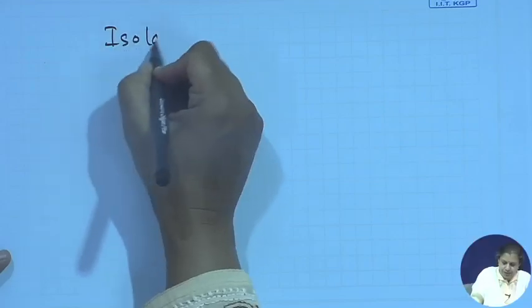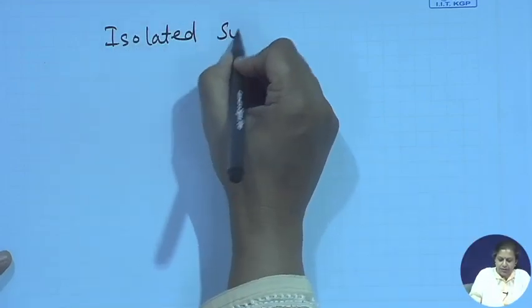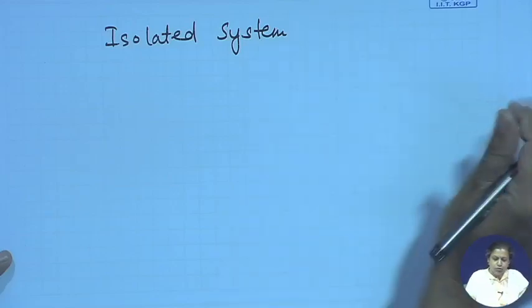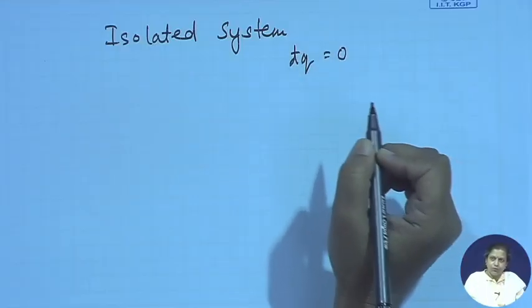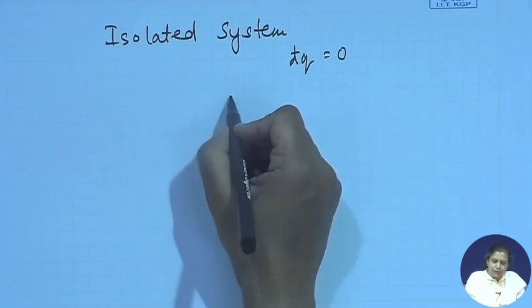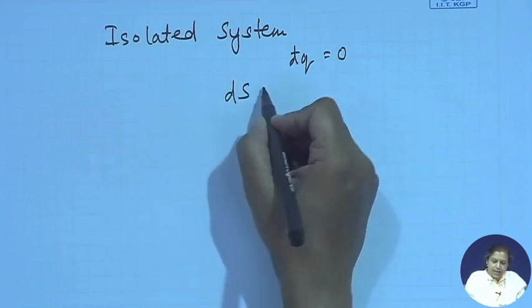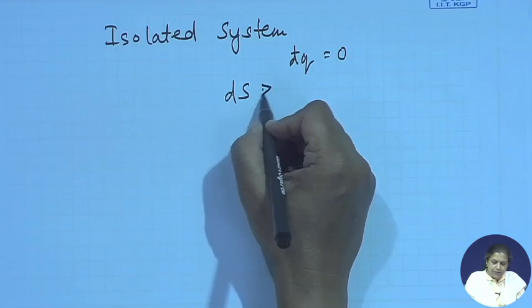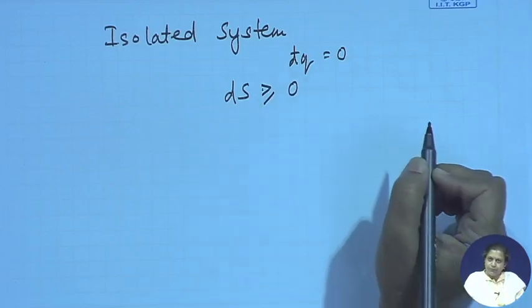Now, let us see what happens for an isolated system. Let us take up an isolated system, because again, for most cases we would always like to refer to some sort of an idealization in order to find out how the system behaves under idealized conditions. For an isolated system, what do we have? dq equals 0, we know. So, for this particular case, ds has to be greater than or equal to 0, agreed.